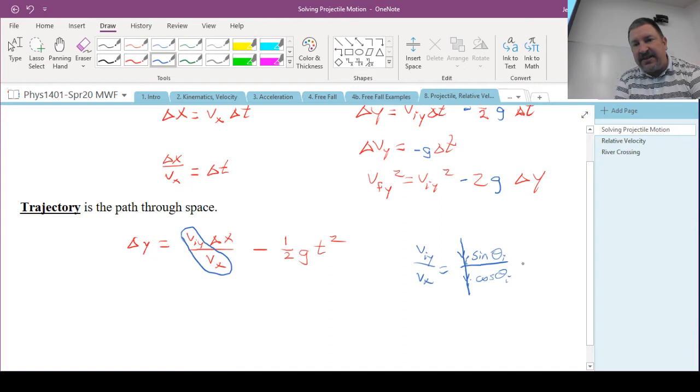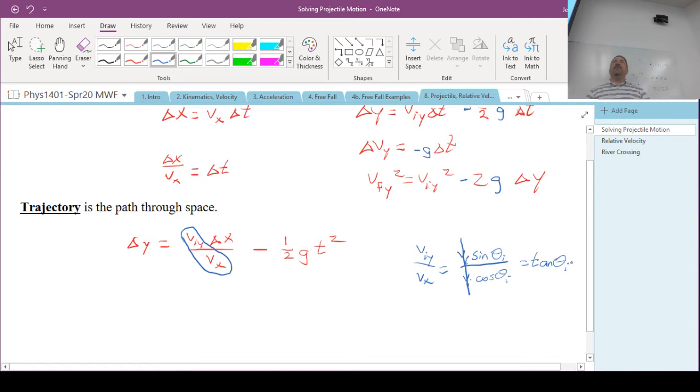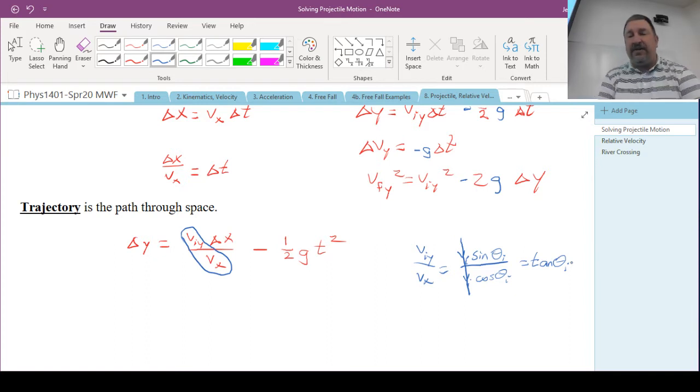And that turns into tangent theta. That's one of that long list of trig identities. But if you're going to remember any trig identities at all, you should remember that sine over cosine is equal to tangent, and maybe sine squared plus cosine squared equals 1. And then after that, you can use tables if you need trig identities.